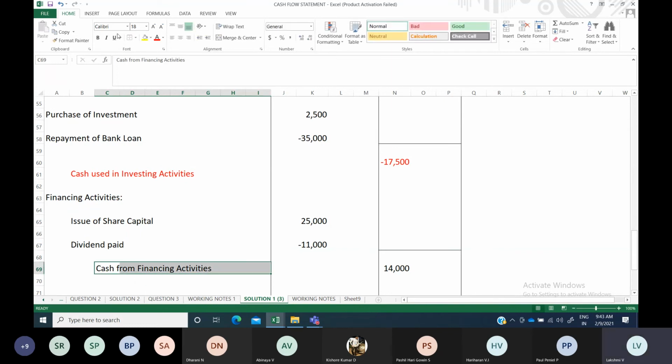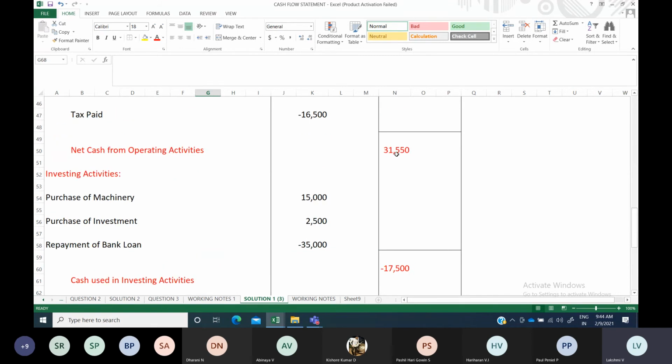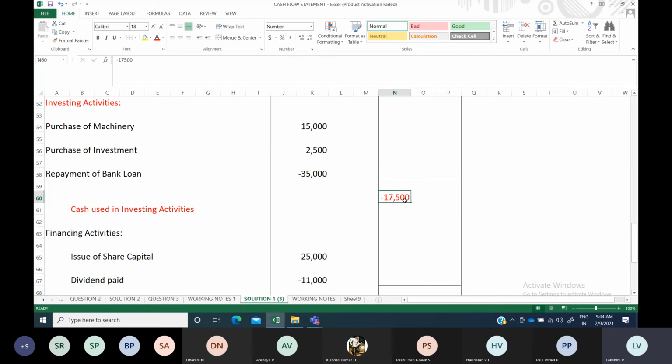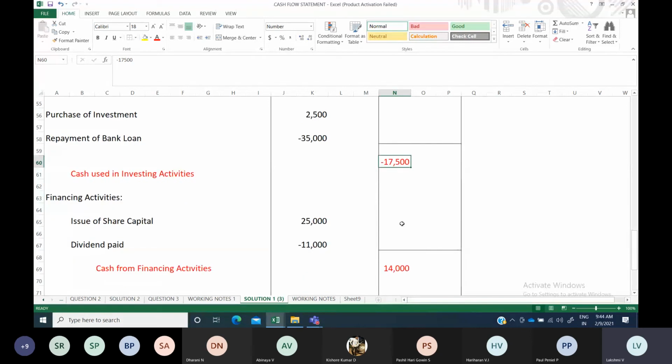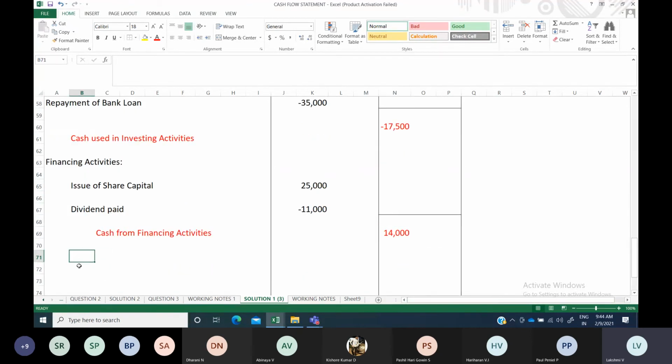So we have done everything. Now at the end, we have to total all these three things. The first part is your operating activity, a positive 31,550, minus 17,500, plus 14,000. Just find out how much you are getting as net cash and cash equivalents.